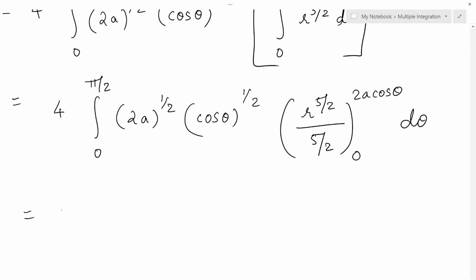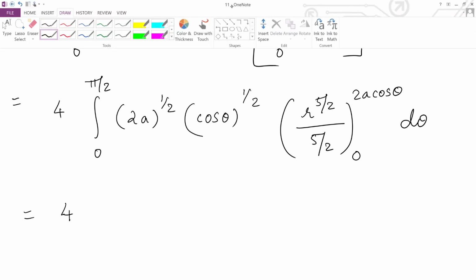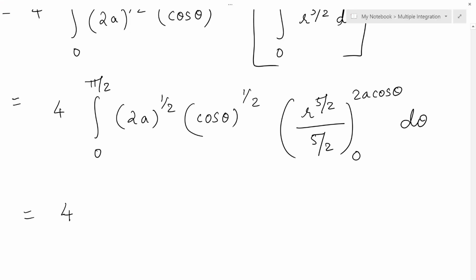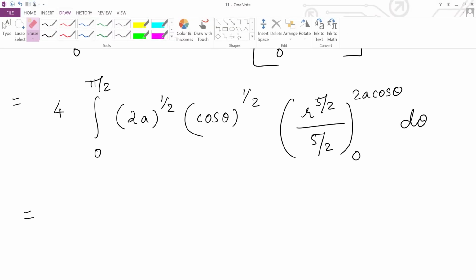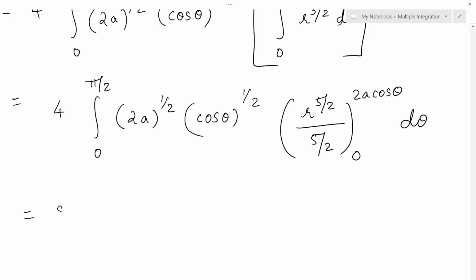Let's simplify this. Take the limits 4 here, and this 2a raised to 1 by 2, 2a raised to 1 by 2. Let's take the constants outside. So this will become 8 anyway.